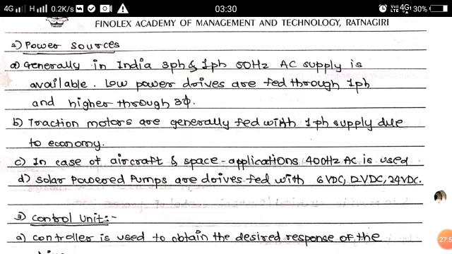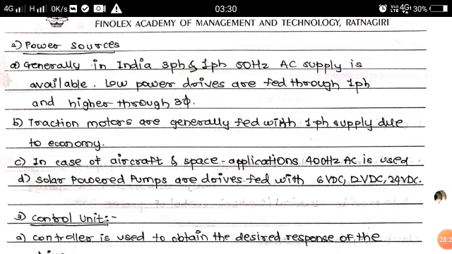Then there could be DC sources, so directly DC generator or sometimes solar or batteries. Batteries are available in standard voltage levels, right from some 6 volts up to 110 volts.